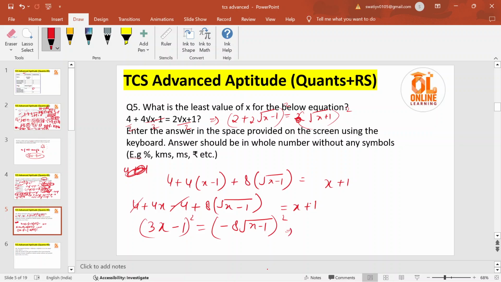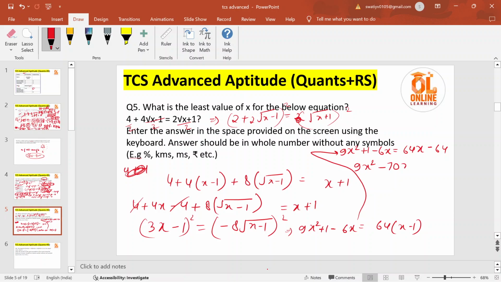So this will become 9x square plus 1 minus 6x equals 64 times x minus 1. Now I'll write 9x square plus 1 minus 6x equals 64x minus 64. So this both will come this side, 9x square minus 70x, and here it will become plus 65 equals 0.